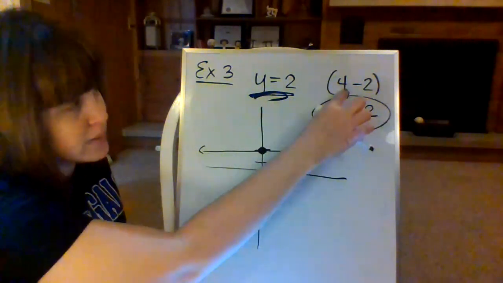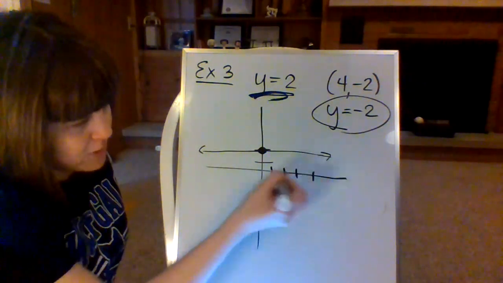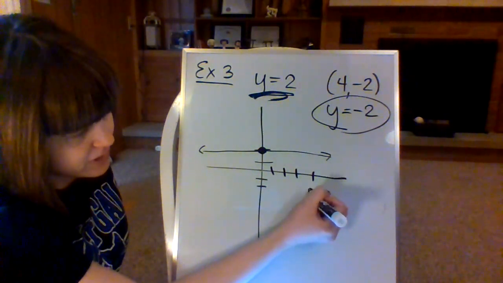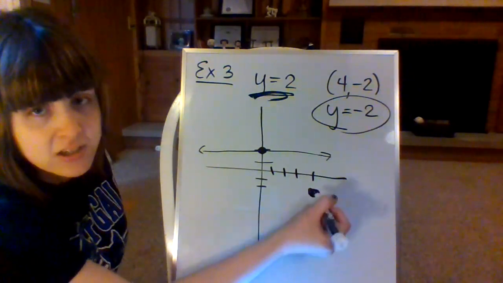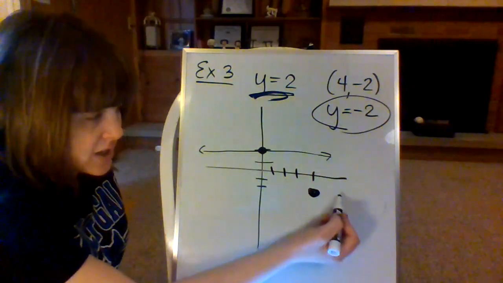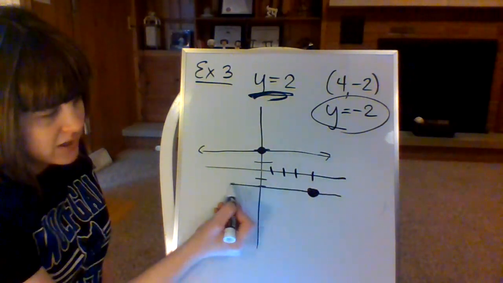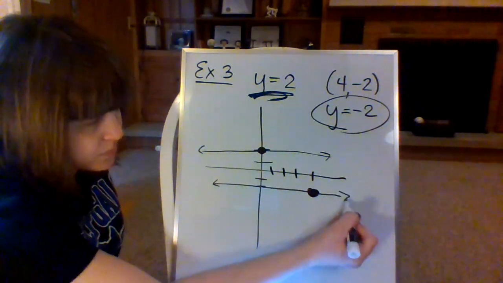And I know that this has to pass through the point 4, -2. Okay, I know the point 4, -2 is right here. And it has to pass through that point and also be horizontal. So if it has to pass through that point and also be horizontal, that would look something like this.